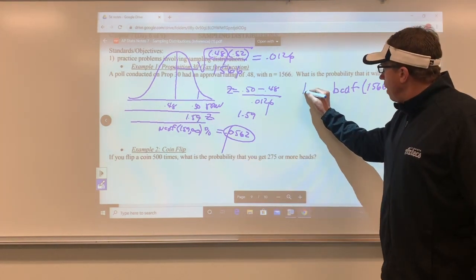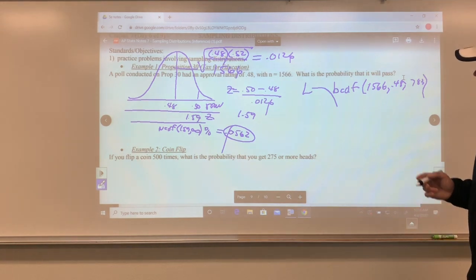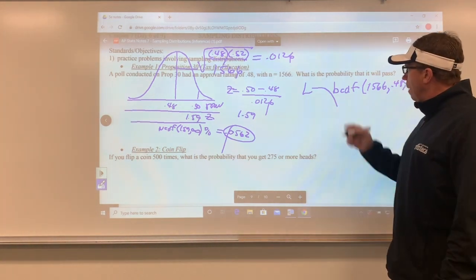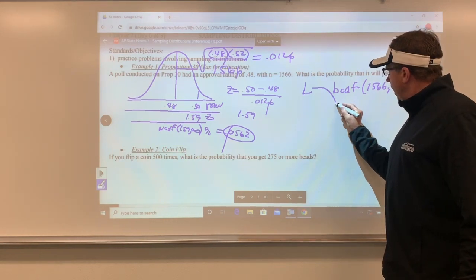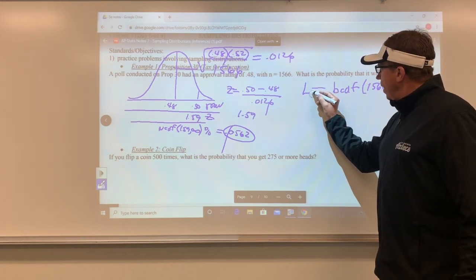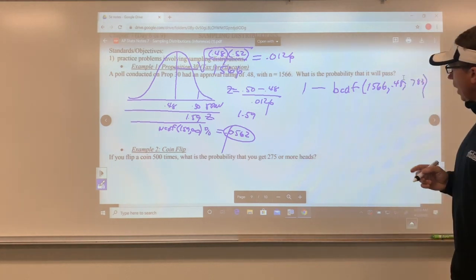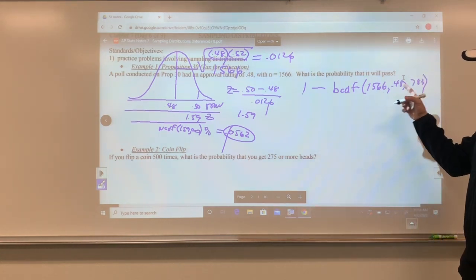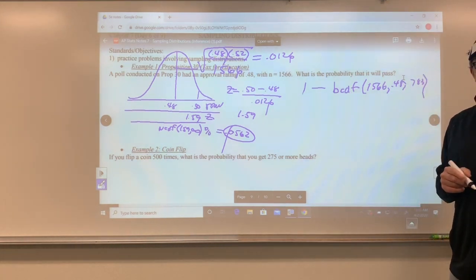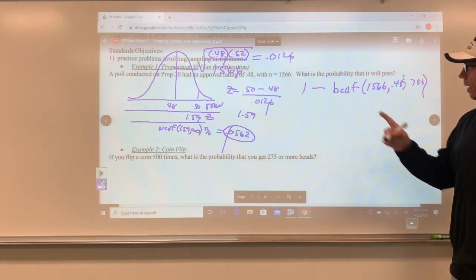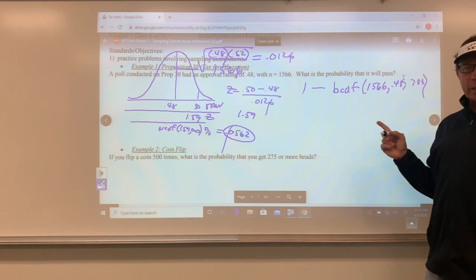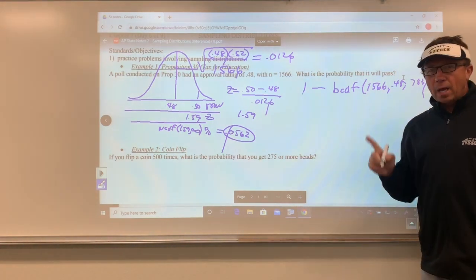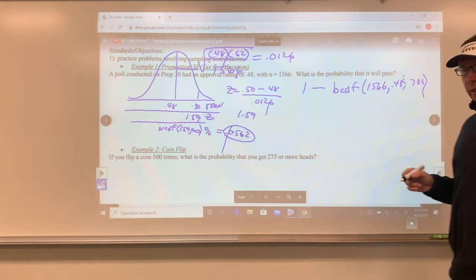I'm going to go 1 minus that. So if you think about it, it will make sense that I'm going to gather together 50% or less because the CDF is a cumulative function, and I'm going to go 1 minus that. And let's go ahead and calculate that out and see what that is. So write that down. I'm going to clear the screen and go to my calculator, okay?